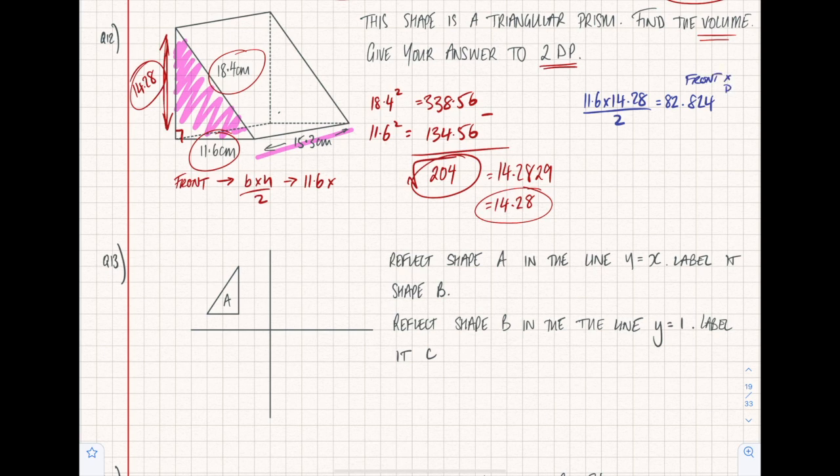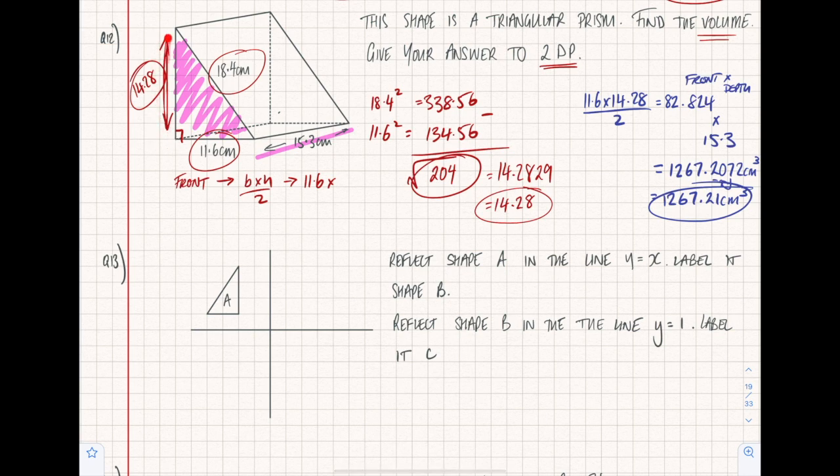I then need to times that by the depth, because in this case it's a triangular prism, so that's why I've had to do the divided by 2, times that by 15.3, and you'll get an answer of 1,267.2072 centimeters cubed. And it says give your answer to 2 decimal places, so the 7 would round that up to a 1, so it's 1,267.21 centimeters cubed.